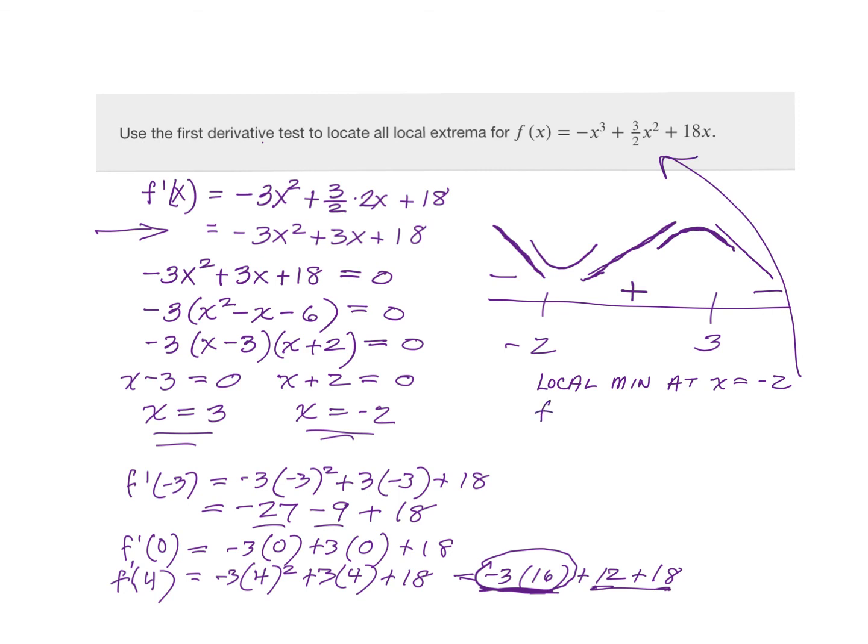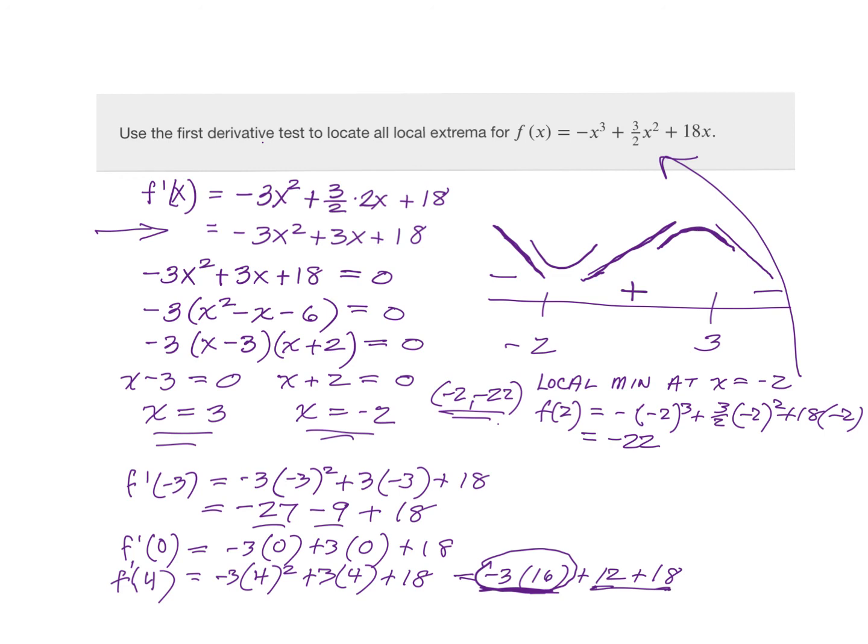All right, so we'd find f of negative 2, and that would be equal to negative 2 cubed plus 3 halves times negative 2 squared plus 18 times negative 2. And if you calculate that out, you'll get negative 22. And so we know that there is a local min that occurs at x equals negative 2, and the value of that is negative 22. And that corresponds then to this point on the graph, negative 2, negative 22, right? This is where the local min is.